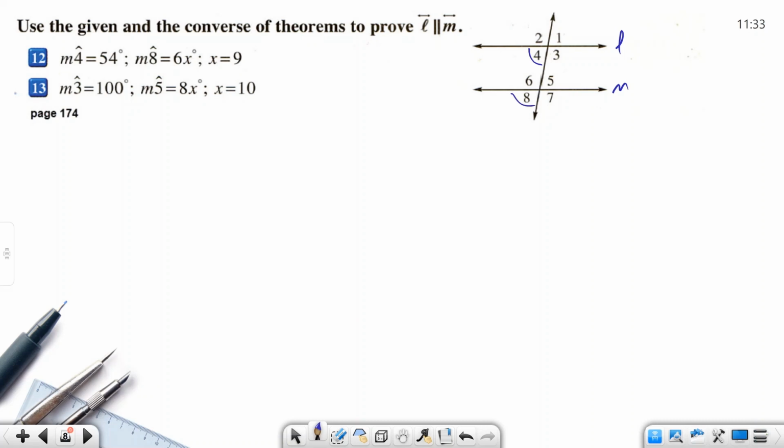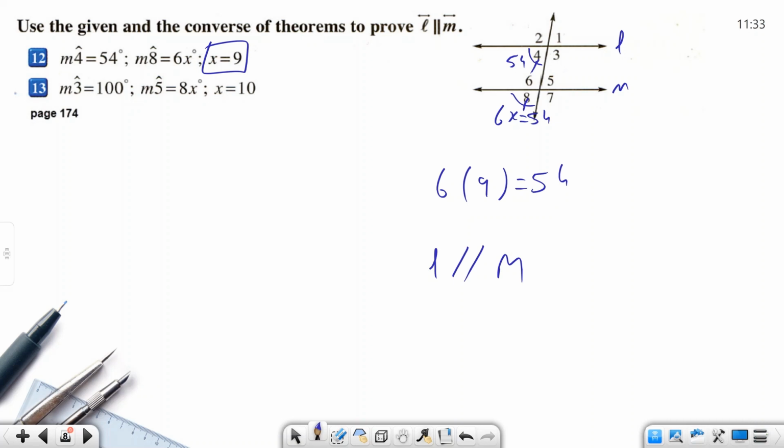These are corresponding angles, 6x and this is 54. So what is x? x equals 9. 6 times 9 equals 54. When the corresponding angles are congruent, L is parallel to M because of the corresponding angles. Both of them equal 54.